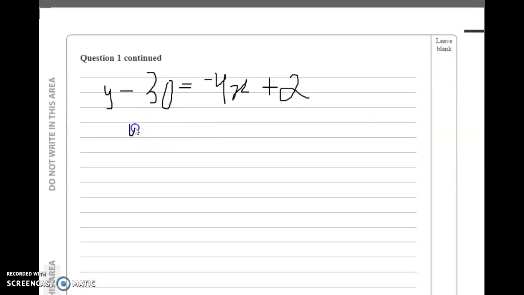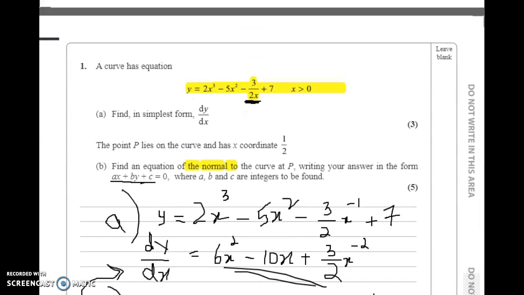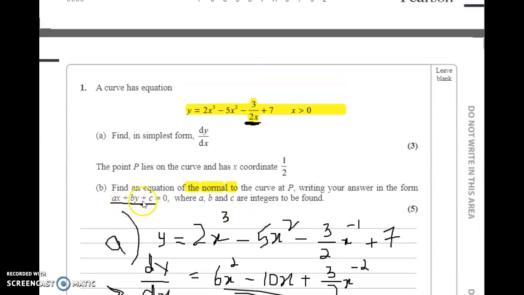Now we take this 30 and add it to both sides to remove the 30 and make y the subject. So this will be minus 4x, and 30 going that side will be positive, so plus 32. But that's not the end, guys. We have to bring it in the form ax plus by plus c equals 0.